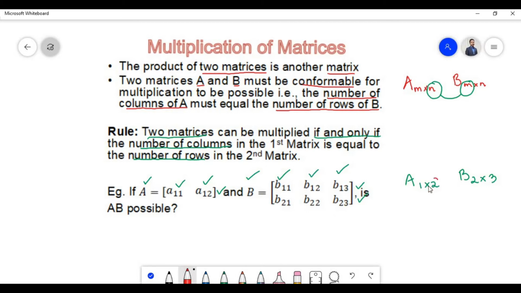Now since the number of columns in matrix A is equal to the number of rows in matrix B, that is, the number of columns of the first matrix is equal to the number of rows of the second matrix, therefore, multiplication of matrix A and B is possible, and the resulting matrix will have an order of 1 cross 3. That is, it will have one row and three columns.